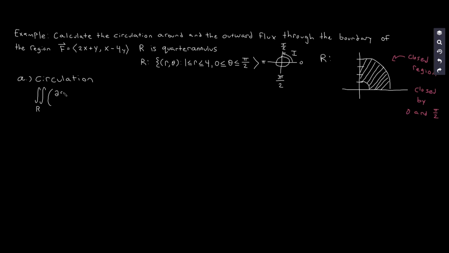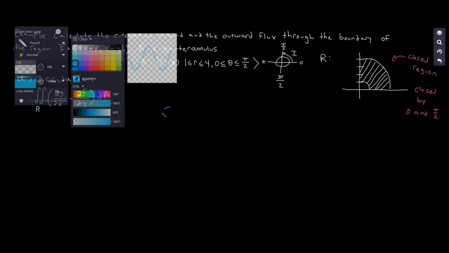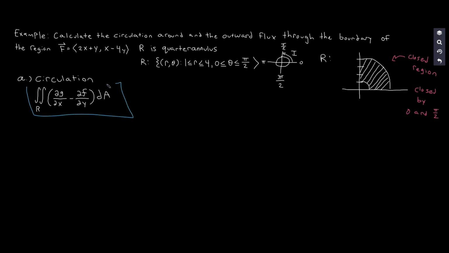That is the partial derivative of g with respect to x minus the partial derivative of f with respect to y. What does this theorem mean to us? We need the partial derivative of g with respect to x and the partial derivative of f with respect to y. Well, this is f and this is g.